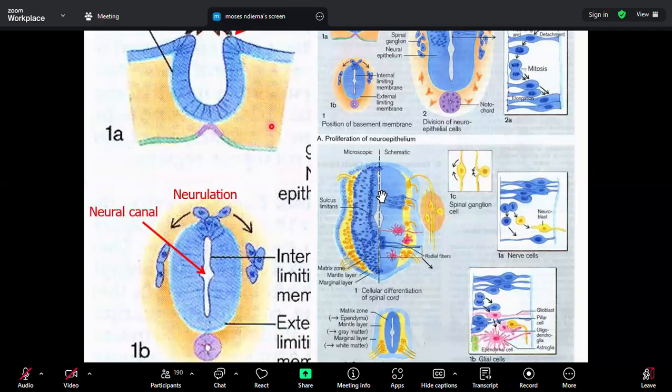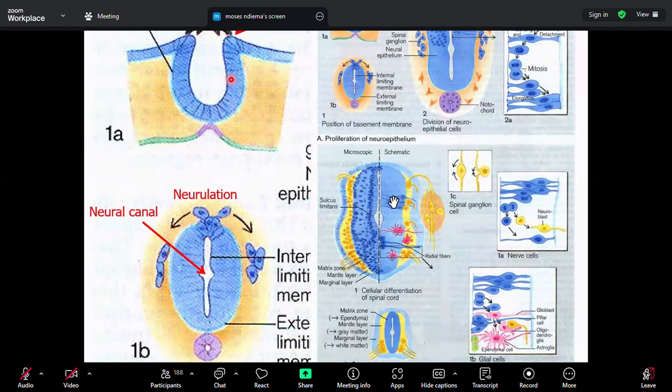This was just an illustration of what we are talking about. This is the tip of the crest where you have the neural crest, and this is now where we have the neural crest cells. This is our trench, this is the neural fold, and this is our notochord inducing this.